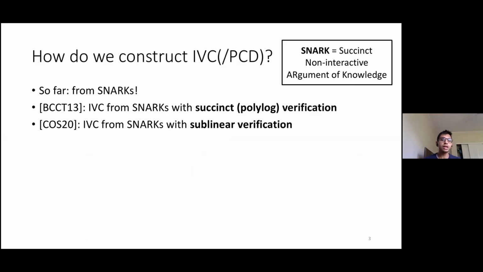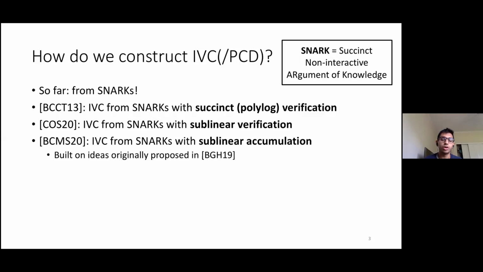This was recently relaxed to just require sublinear verification. So even square root n, for example, could suffice. And then building on ideas from Halo or BGH19, we propose how to relax this further by constructing IVC from SNARKs where you don't have sublinear verification, but only sublinear accumulation. I'll explain what accumulation is a little bit down the line.